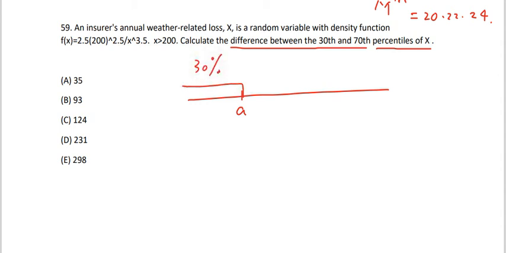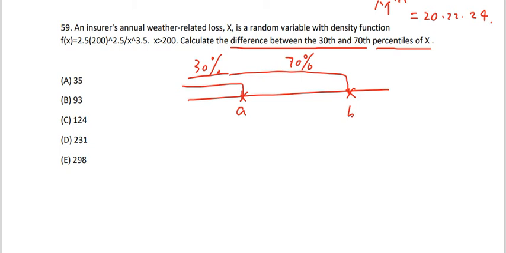And there's B, where this part, the cumulative probability, is 70%. So we call this cut point the 30th percentile, and this is the 70th percentile. So we need to find these cut points.